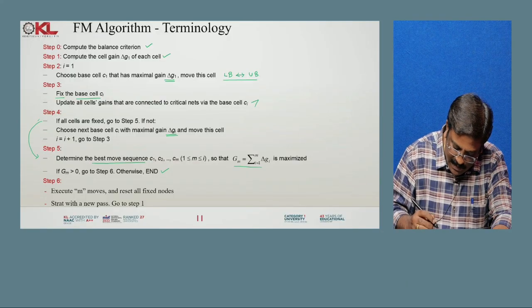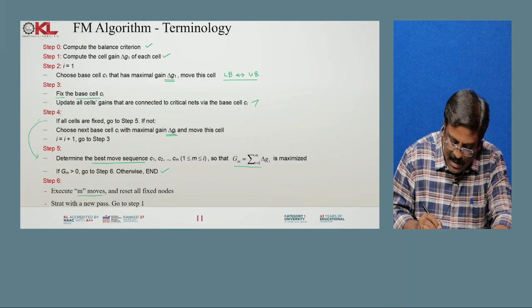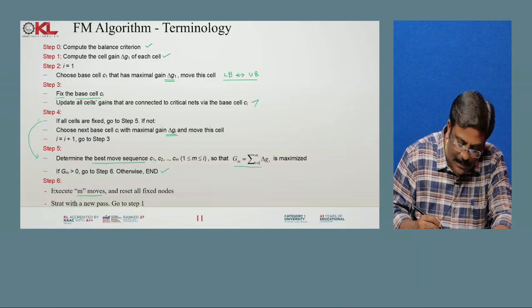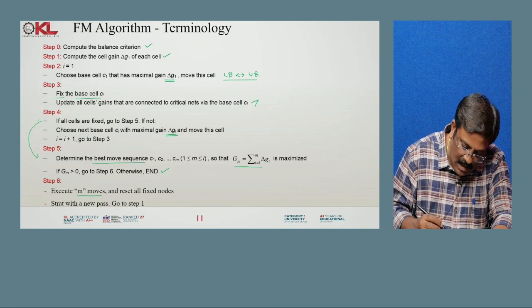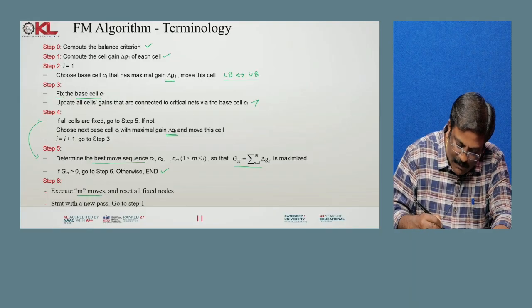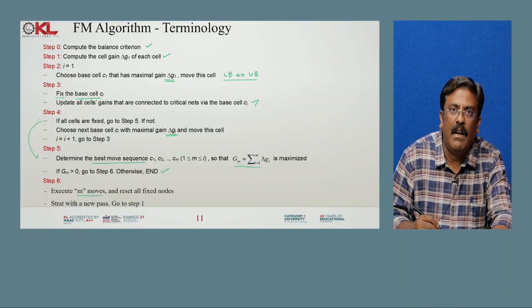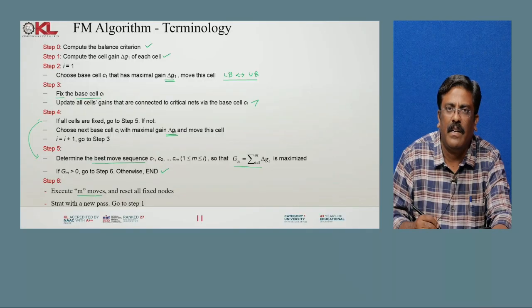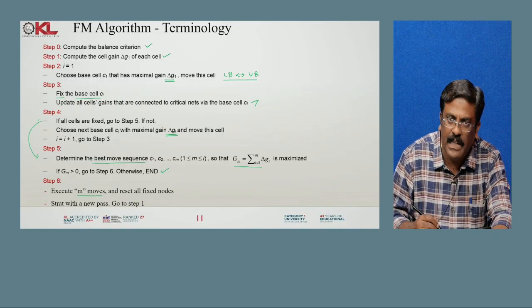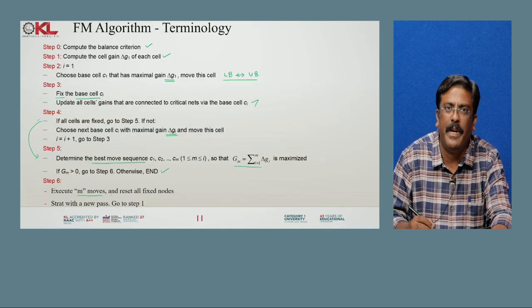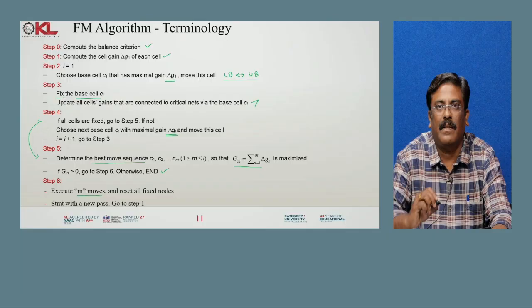If it is not over, we reset all the M moves, start again from step 1, and continue the procedure until it is updated. Steps 4 to 6 are repeated until all cells get fixed and the cells obtain the maximum gain GM, so that we reduce the cut size positively and also maintain the balance between one partition and the other.